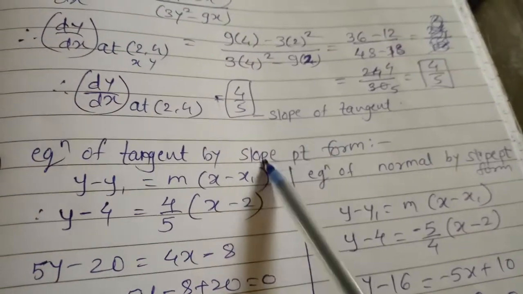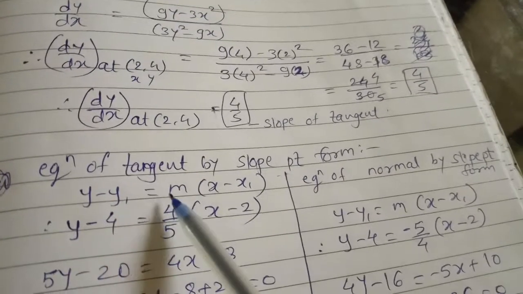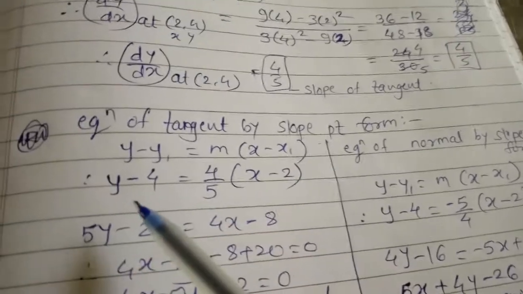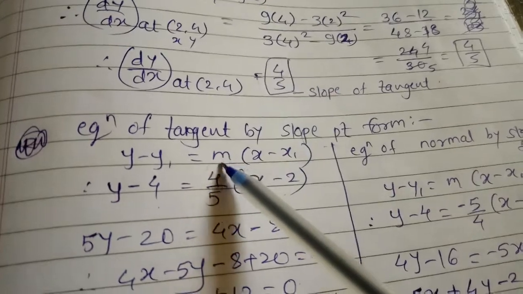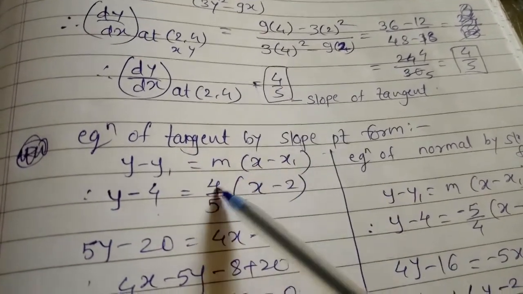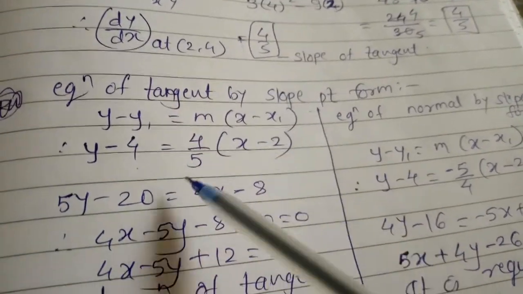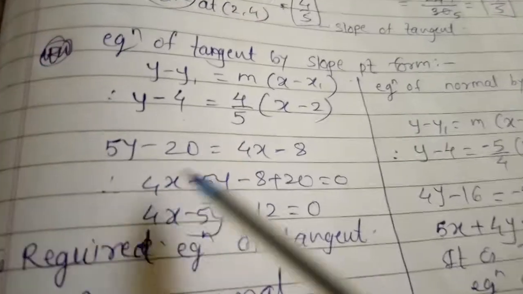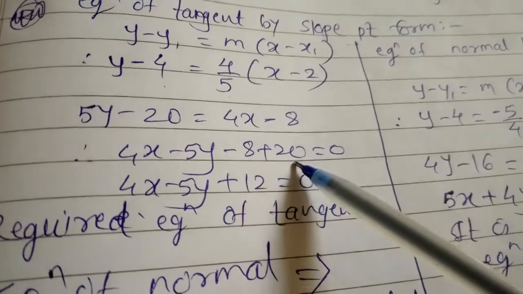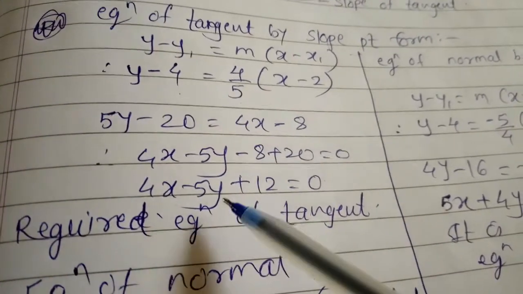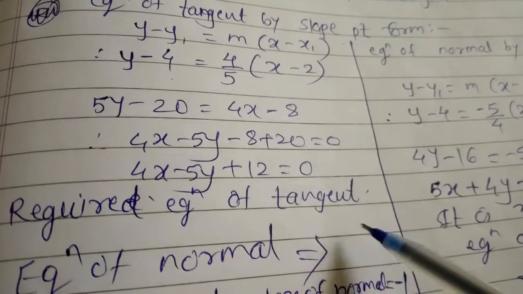Why do we use slope point form? Because we have got the slope here and we also have the point. So y minus y1 is equals to m into bracket x minus x1. So y minus 4. So 4 is the value of y and m is the slope of the tangent, that is 4 upon 5. x minus x1 is 2. So moving this 5 to this side, we will get 5y minus 20 is equals to 4x minus 8. So 4x minus 5y minus 8 plus 20 is equals to 0. 4x minus 5y plus 12 is equals to 0, and this is the required equation of the tangent.